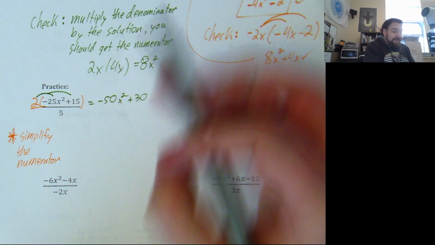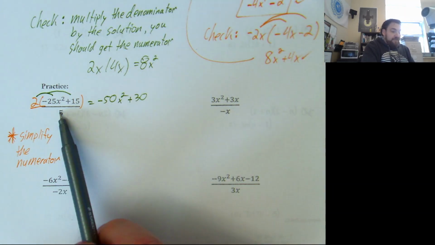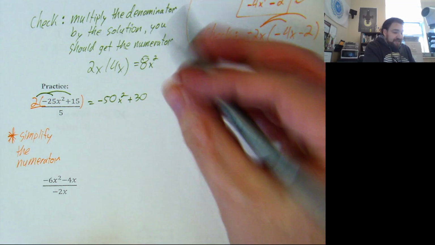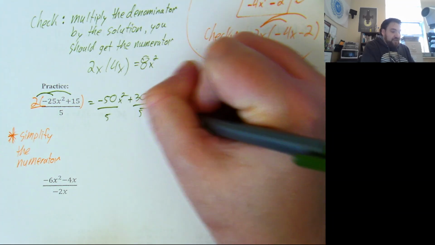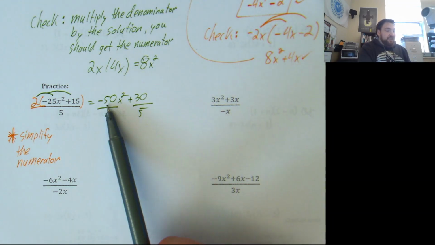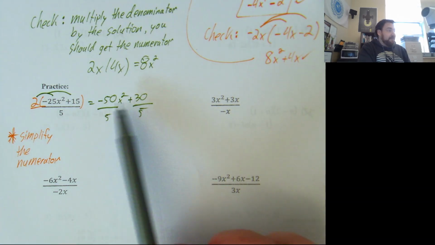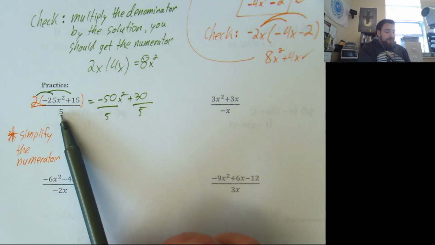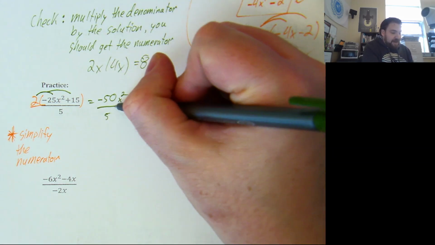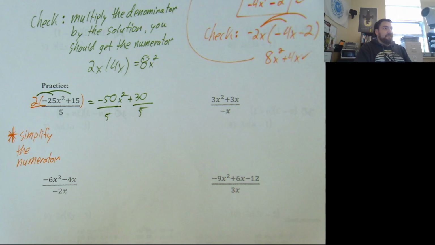And now I still have to deal with this division by 5. So in this first step, I'm going to break up this thing, and I'm going to make sure I divide each term. Remember, terms are separated by addition and subtraction. Each term is getting divided by the denominator. So it becomes negative 50x squared over 5 plus 30 over 5.